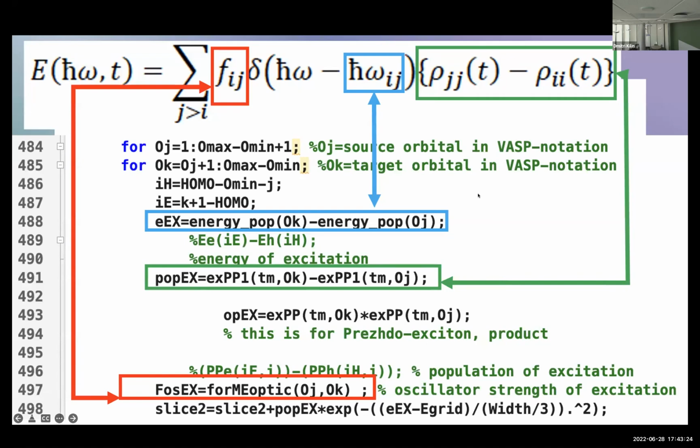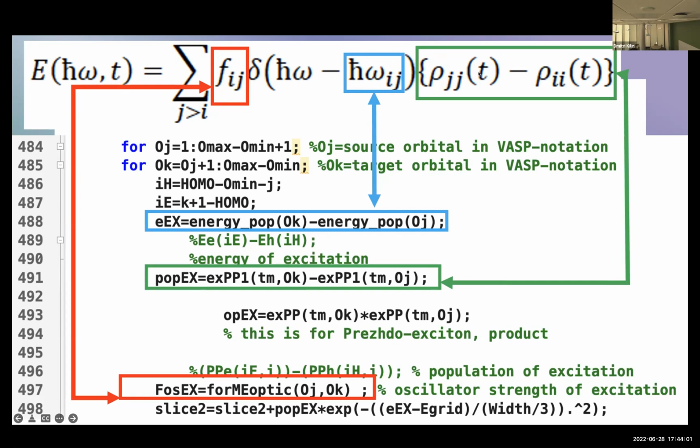Okay, another prerequisite for photoluminescence is that the emitted photon should match the energy difference between initial and final states. So the frequency of the emitted photon equals the energy difference between initial and final. And the third prerequisite is that the emitting pair of states should have non-zero oscillator strength, should have a non-zero transition dipole, and should be able to contribute. And then we scan over all the things.